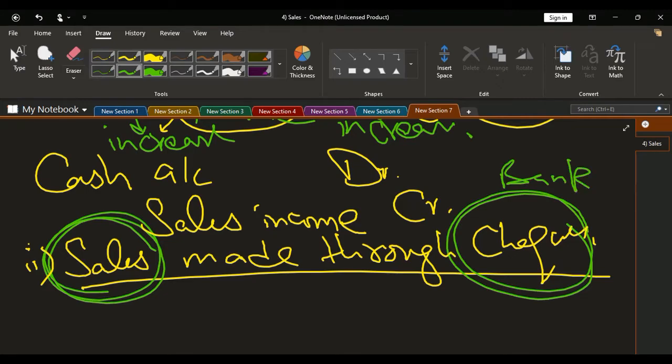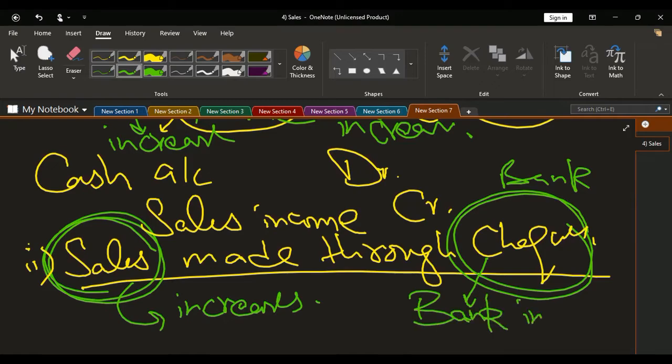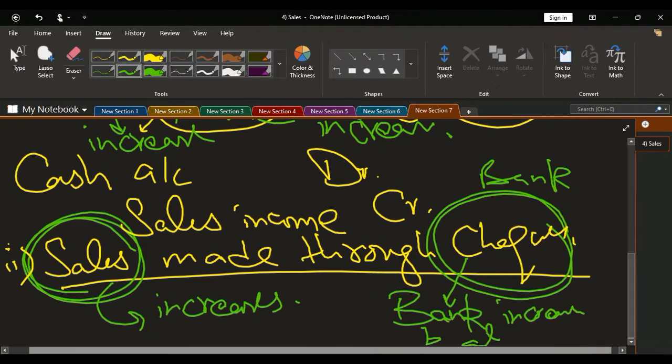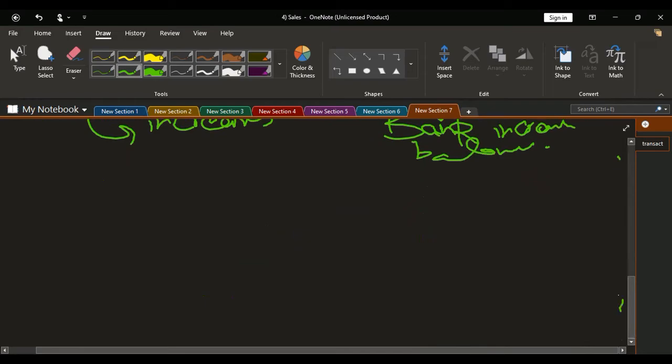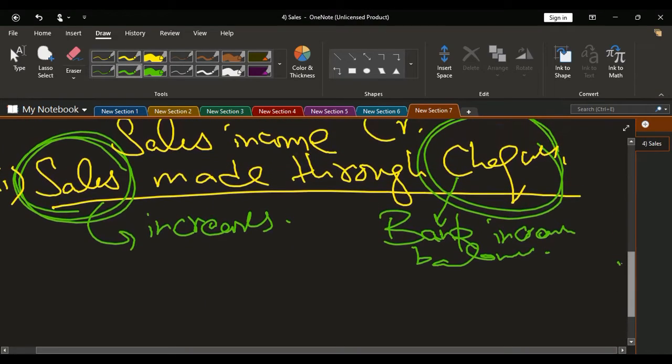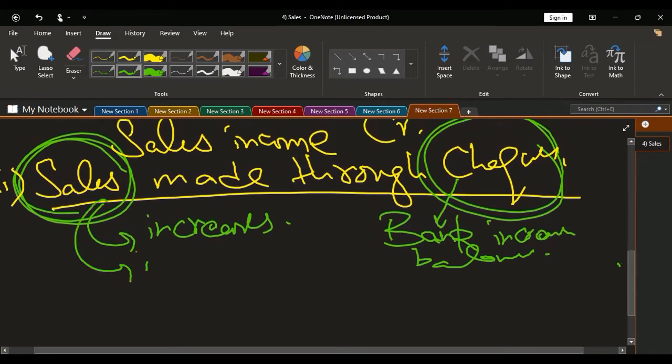On making a sale, business sale increases and our bank balance also increases. So, sales is an income.